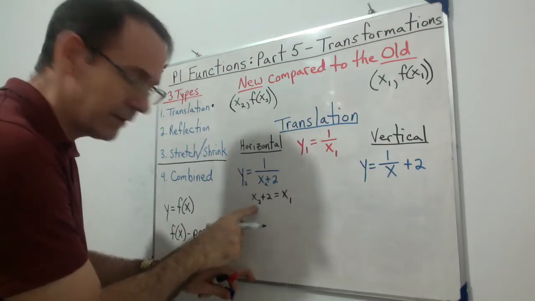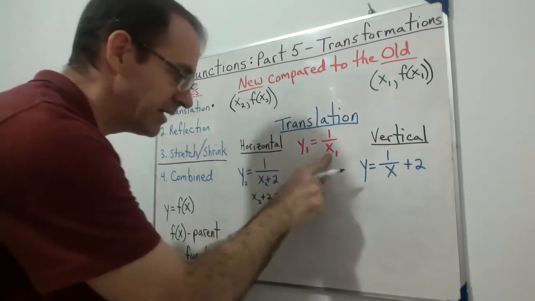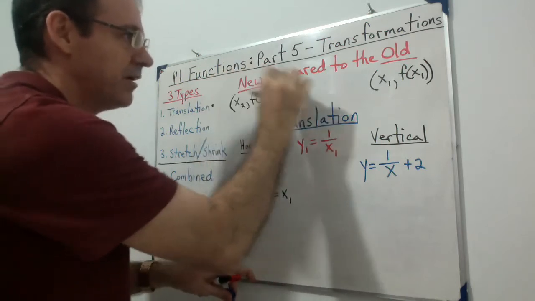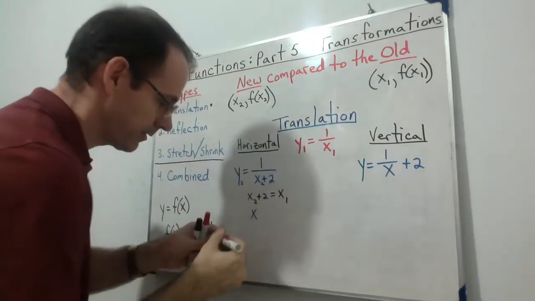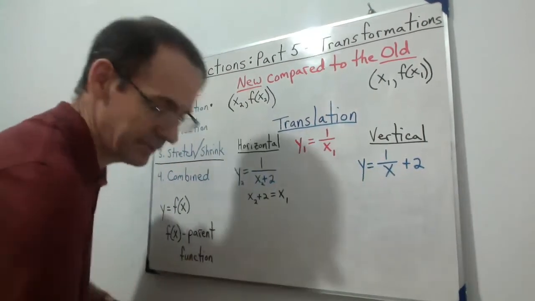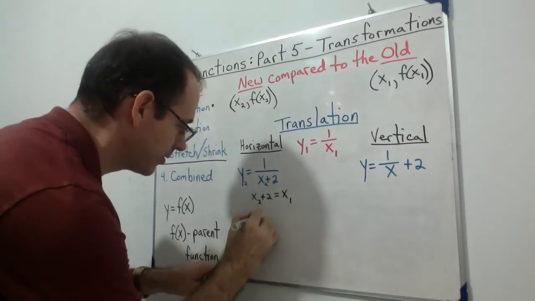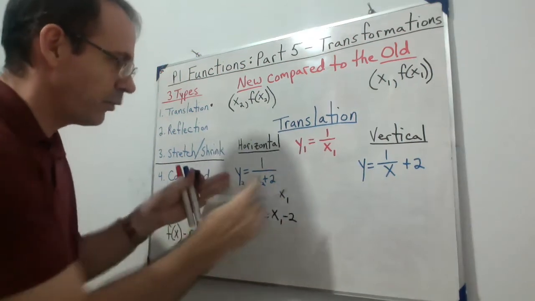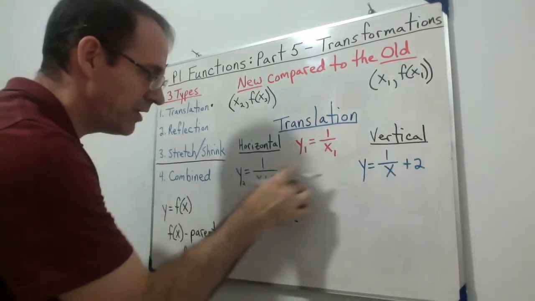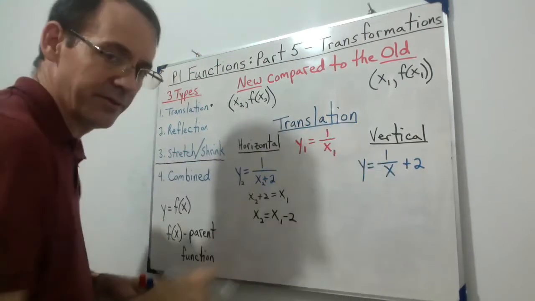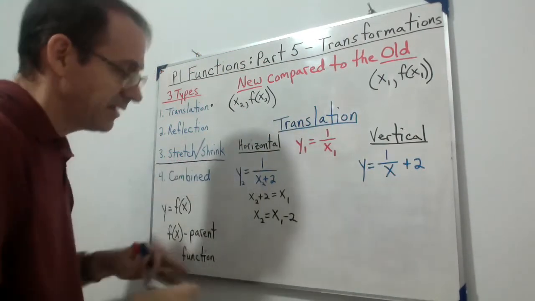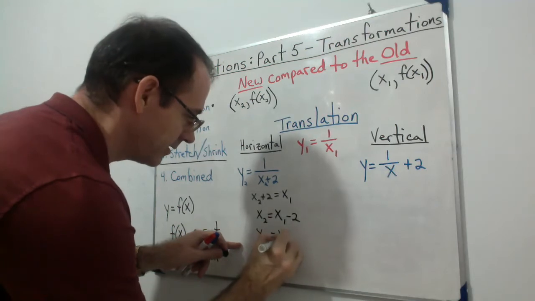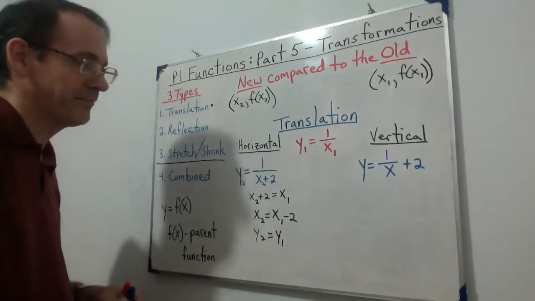So our new x value plus 2 replaced the old x, meaning if you take the new compared to the old, I had it in black, not that it really matters to you, I like color coding, it's the old one minus 2. The y's did not change. There's no number added out here to the function itself. So nothing relates to the y value, okay? So actually y2 is still equal to y1, no change in the y.